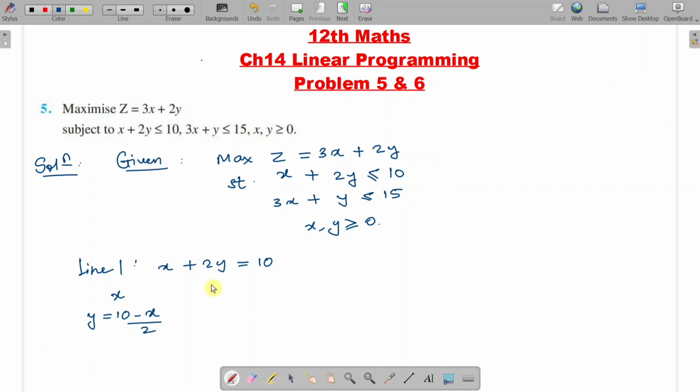So when x is 0, y will be 5. When x is 2, y will be 4. When x is 4, y will be 3. So this is our table for the first line.